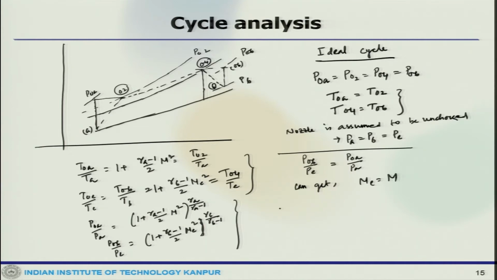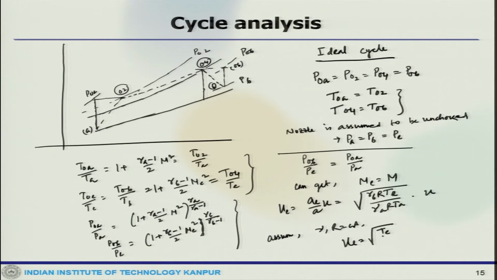So, what is clear is that u exit by u is a E by a, which is the square root of gamma 6 R T exit by gamma A R T A, into u. So, if you assume gamma R to be constant within the engine, then u exit would be the square root of T exit by T A, into u.